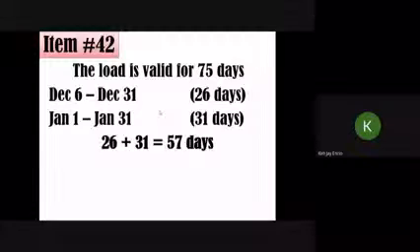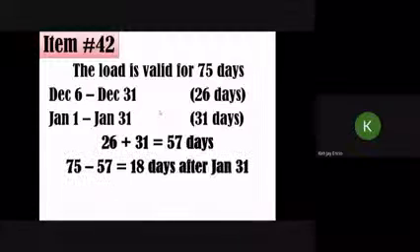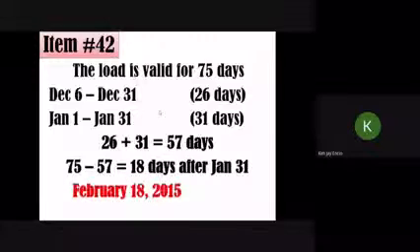And so, we have to subtract 75 and 57, and there are 18 days left for the load to be valid after January 31. And of course, it has to be February 18, 2015. Letter A.